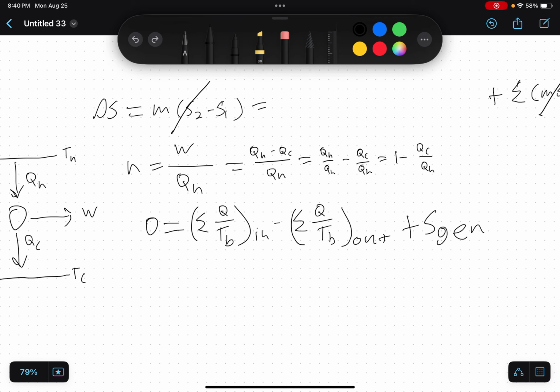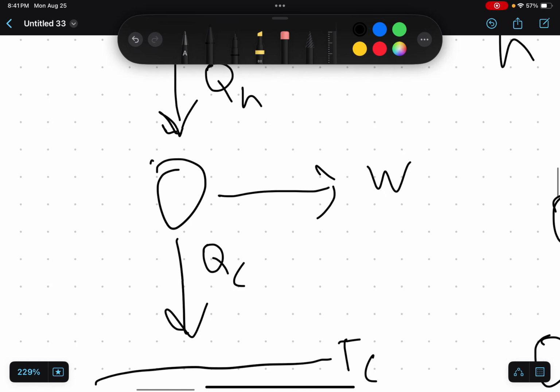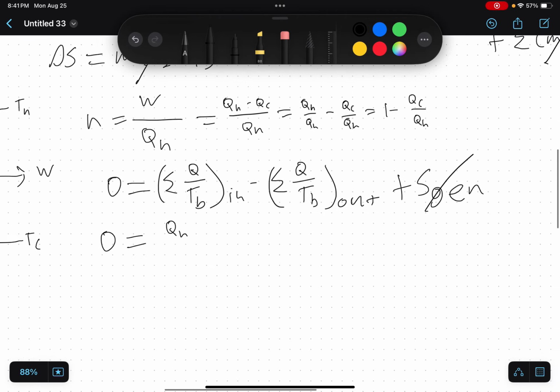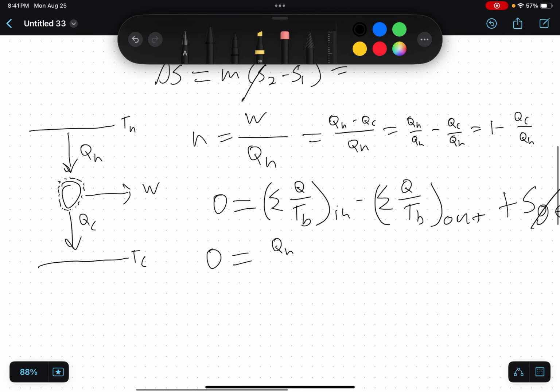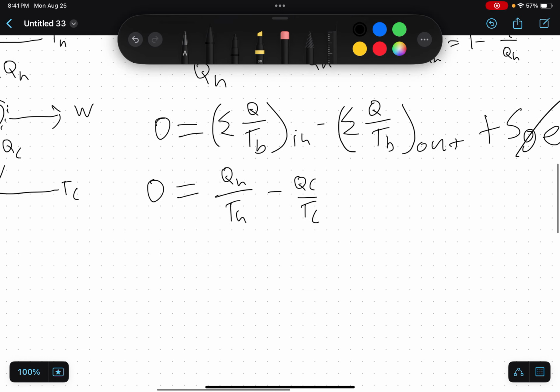Okay. So ideally, that goes to 0, and we're left with 0 equals QH, in our system, by the way, is the heat engine. I should have written that earlier, but that's fine. Cool. And we can rewrite this.